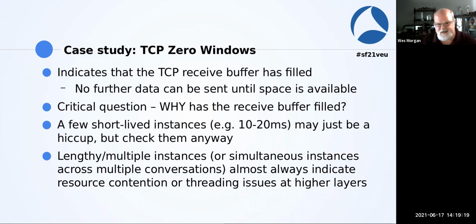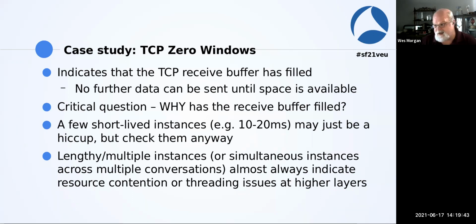Well, that also means that if that window fills up, if the window goes down to 0, no further data can be sent by the other endpoint until space is available in the window. So the critical question we always have to ask is, why has the receive buffer filled?